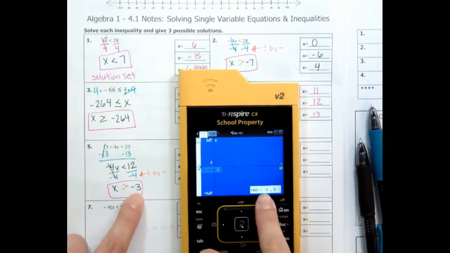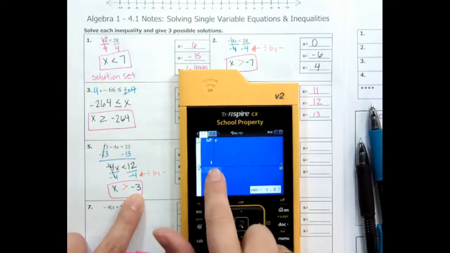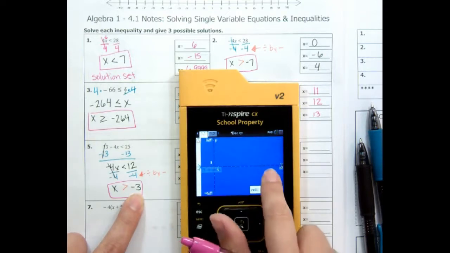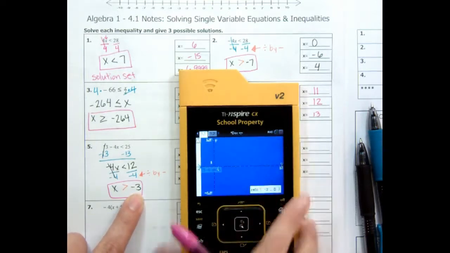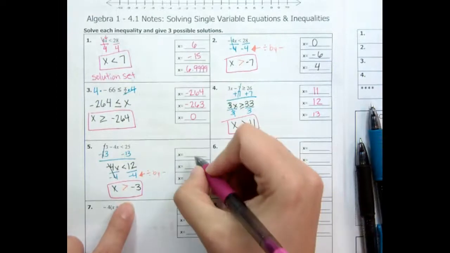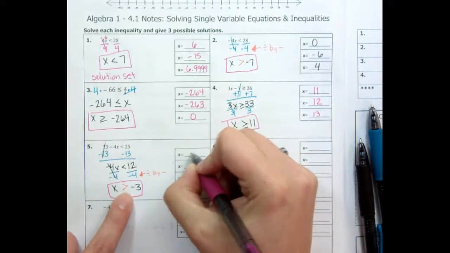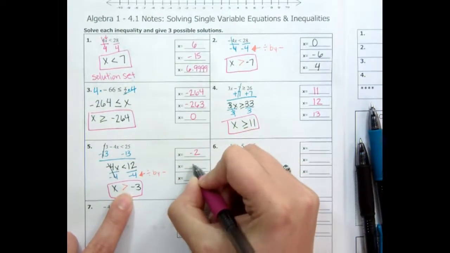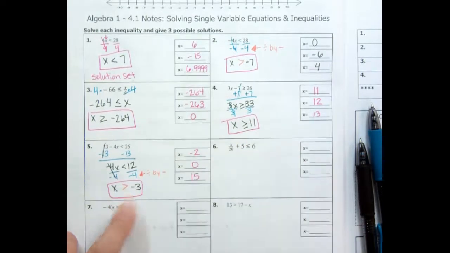It tells us we're negative 3, and the things that are bigger than negative 3 are shaded. So pick something that's over here. So I could pick 0, I could pick 1, I could pick 14, I could pick 217. Whatever you want. You just have to pick things that are greater than negative 3. So negative 2, 0, 15.